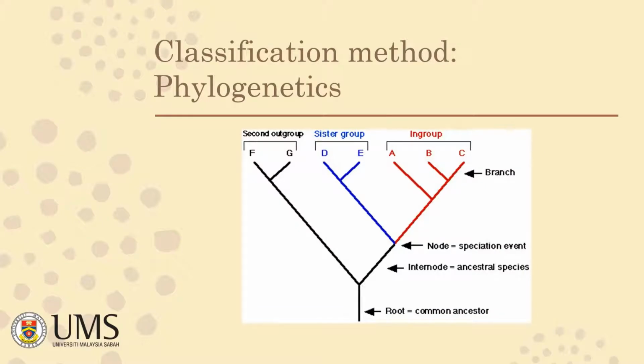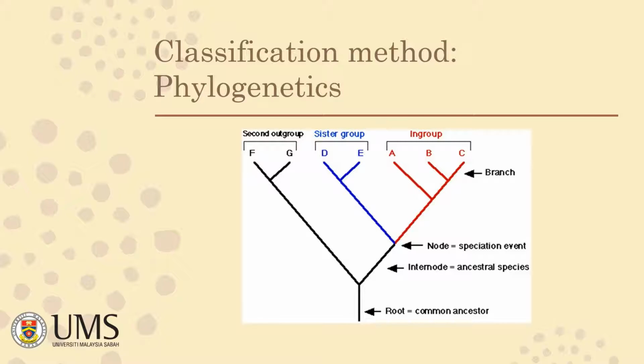So this is a classification method. You will have a branch, node, internode, and common ancestor here. So if we put in the example from before, paddy, wheat, and corn.